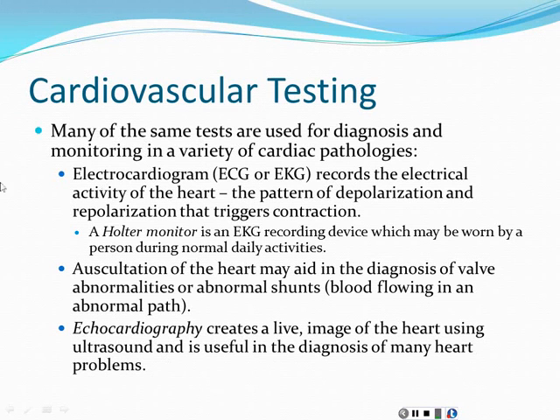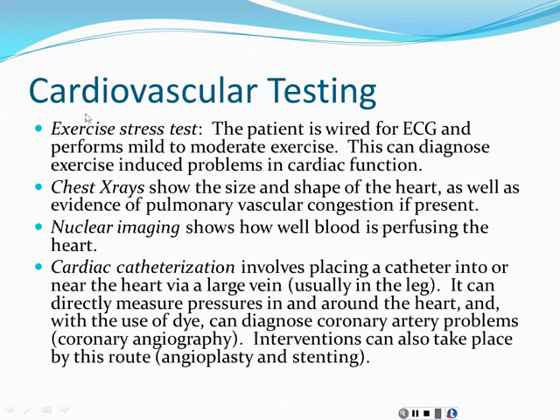So echocardiography. A stress test is just an EKG that's done while a patient's doing exercise. Typically this is done on a treadmill. They'll wire you up to the 12 lead, they'll hit record, and they'll have you do some mild to moderate exercise to see if there's any change to your EKG as a result of the exercise or a little oxygen deprivation.